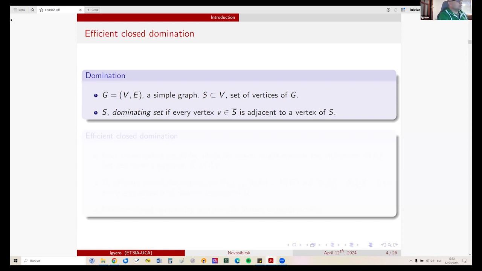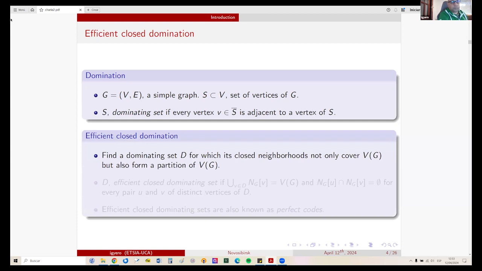But now, efficient domination, what exactly is it? In a dominating set, every vertex outside of the set has at least one neighbor inside the set. But the vertices could have different numbers of neighbors inside the set: one, some other will have two, and so on.